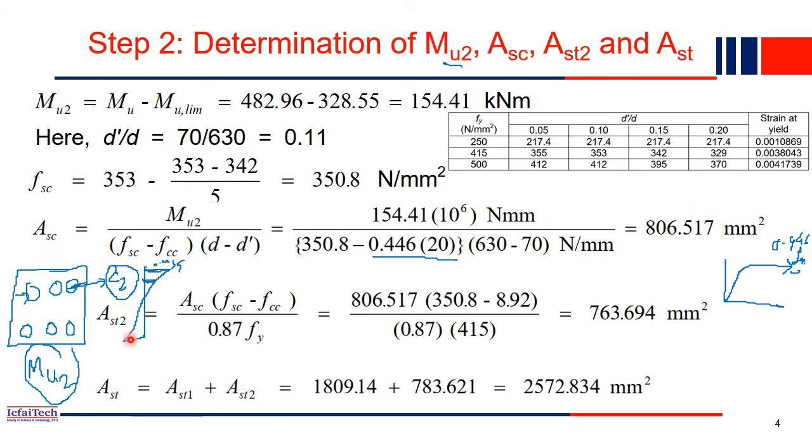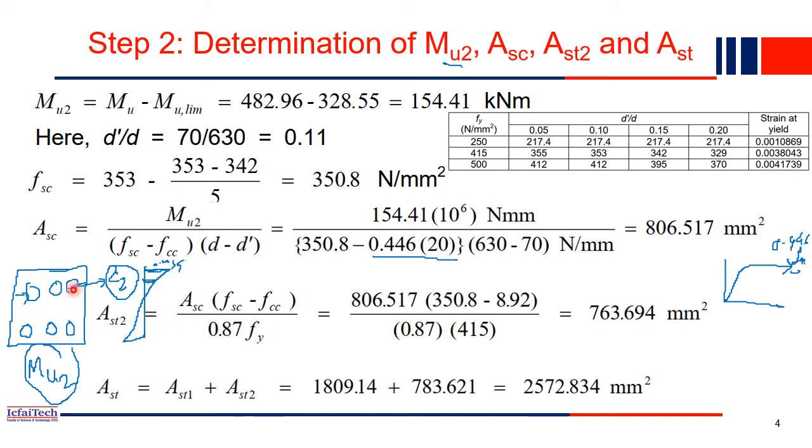Now we have to compute AST2, this portion. How will we compute AST2? This section should be in equilibrium, right? Net compression, total C2, equals total T2. The total compression force generated in this section equals the total tension force. Based on this equilibrium equation, AST2 can be calculated. All these equations we derived in the last class, so please refer to the last lecture to see how we get this formula.